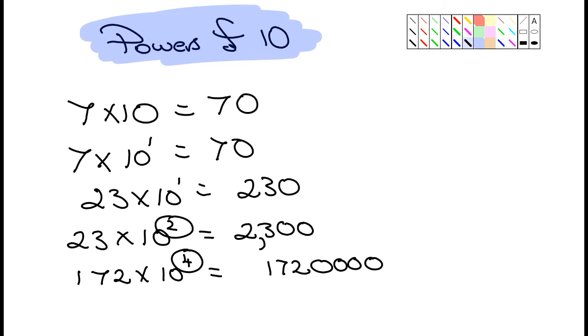But there's other kinds of problems when we're talking about powers of 10, and some of them have decimals in them. So what if I had, let's say, 1.7 times 10 to the first? Well, it's the same thing, except instead of adding a 0, you move the decimal one place.